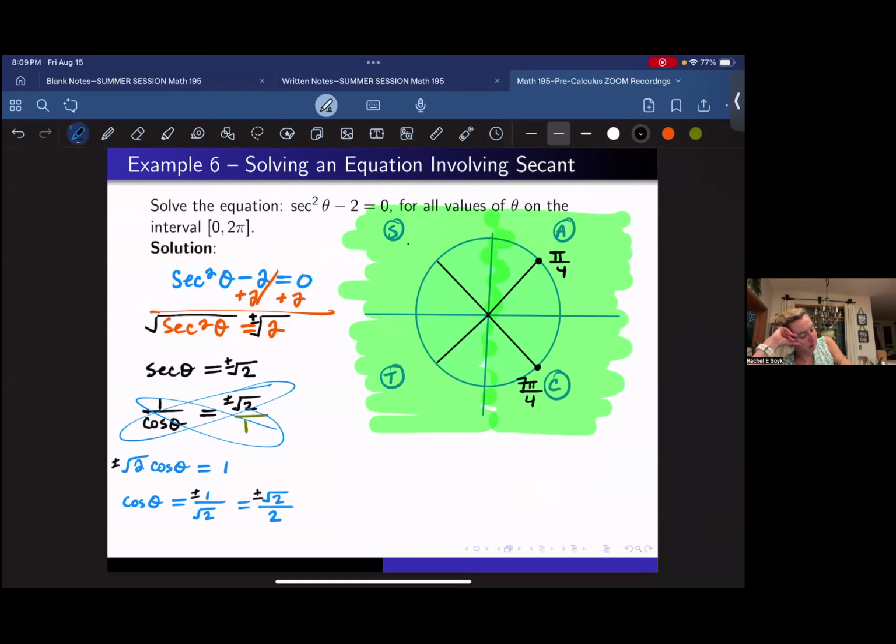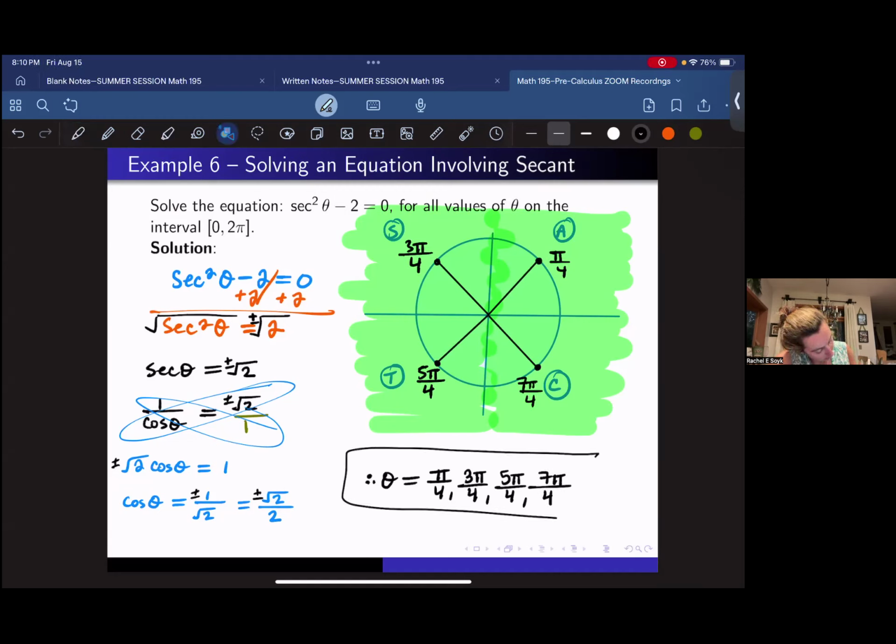And so we also have 3 pi over 4 and 5 pi over 4. And that's it, because we're looking at the intervals from 0 to 2 pi. So all of our solutions, therefore, theta is equal to pi over 4, 3 pi over 4, 5 pi over 4, and our 7 pi over 4. And we're done.